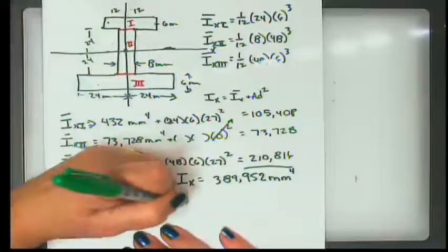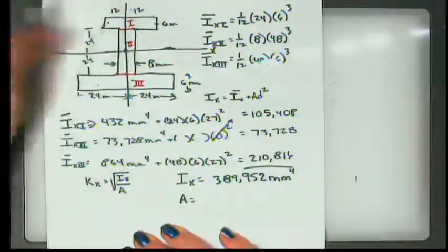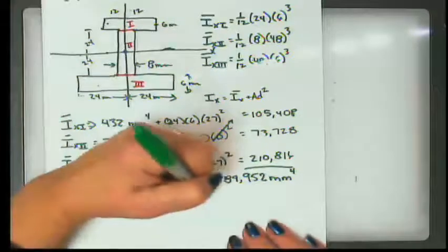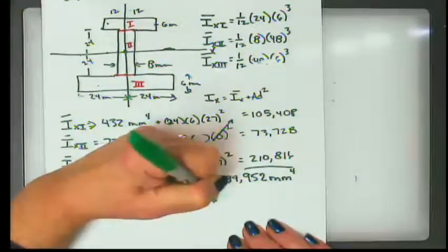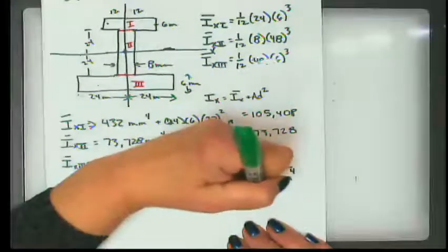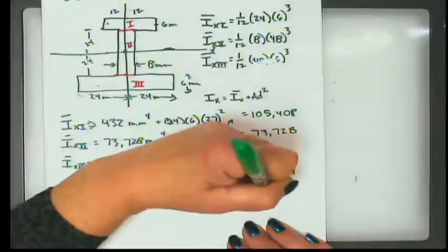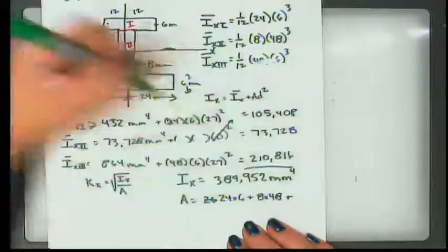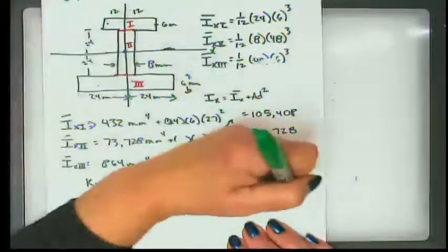So the area is, the top piece is 24 times 6. The middle piece is 8 times 48. And the bottom piece is 48 times 6.